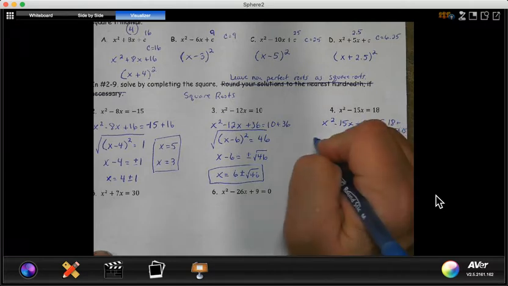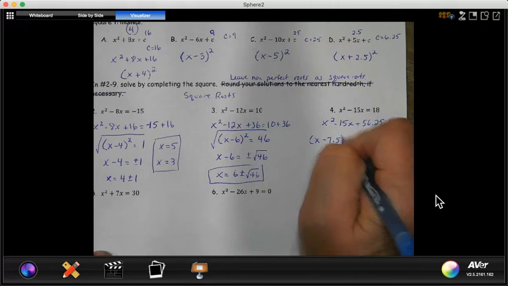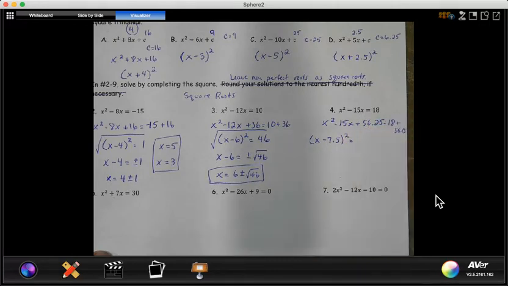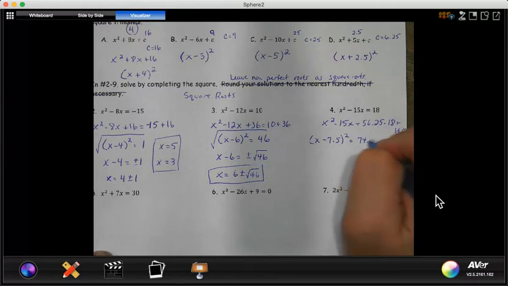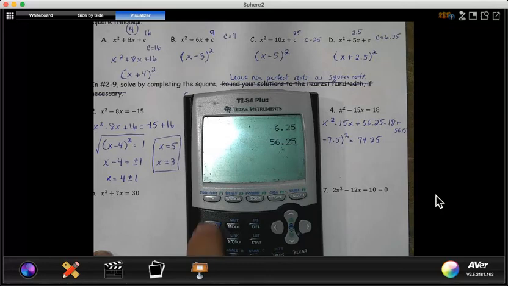Factor the left side. That's x minus 7.5 squared. And then the right side, that adds to 74.25. Our numbers aren't perfect with the complete the square method, but it's manageable. Pretty sure that's not a perfect square. I better double check. So the square root of 74.25.